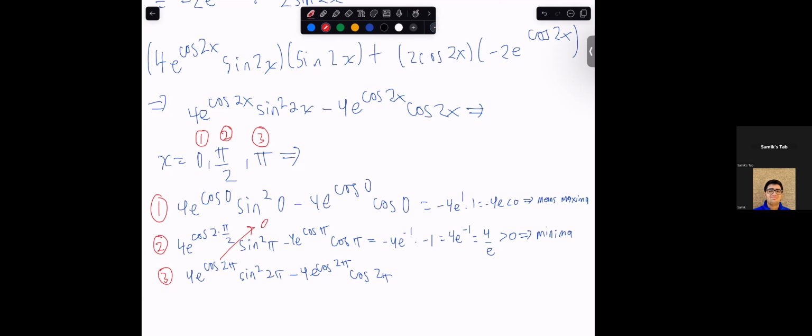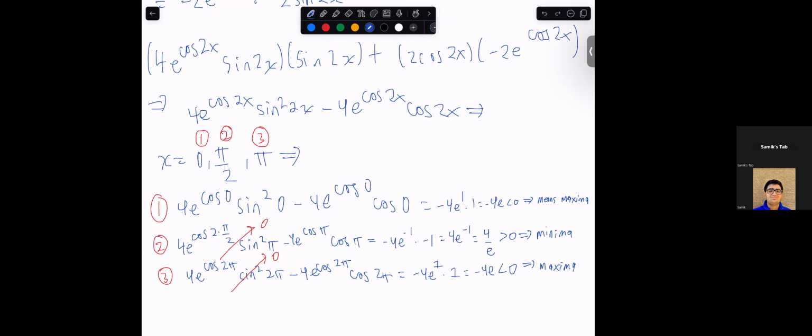This is the only portion left. So this is minus 4e raised to 1 into 1, minus 4e, which is less than 0. So this is also maxima. So two values are maxima, which are 1 and 3.